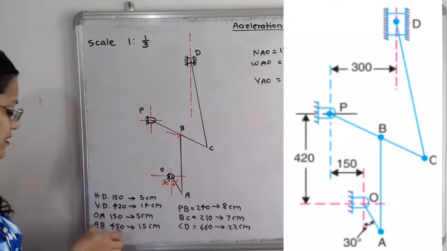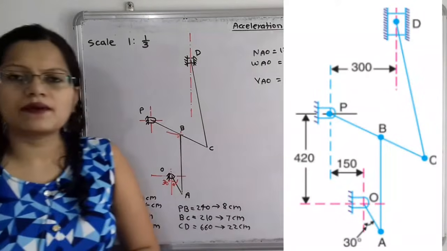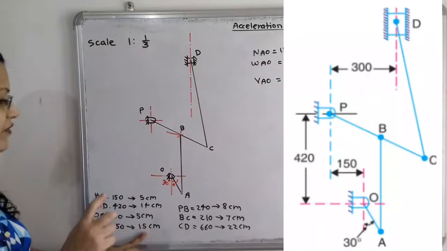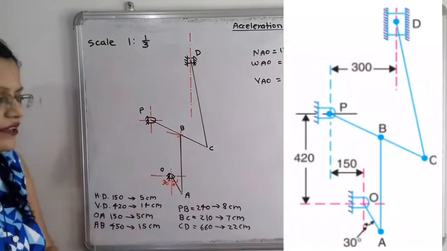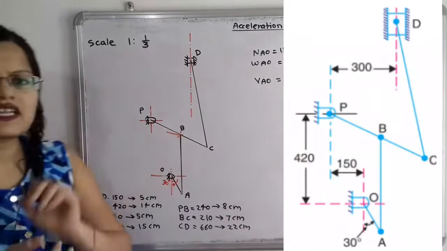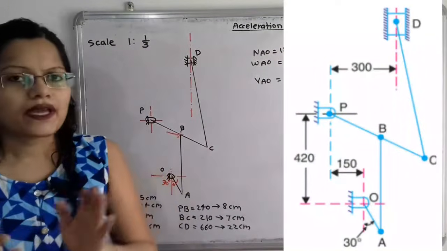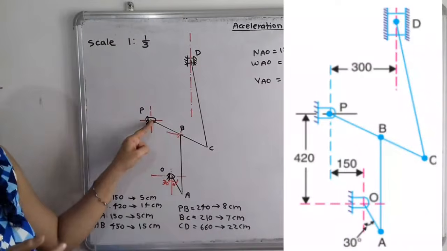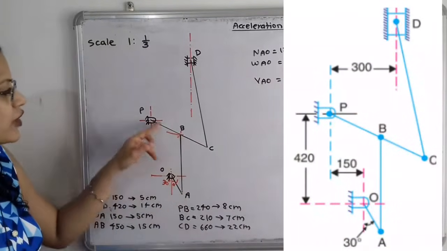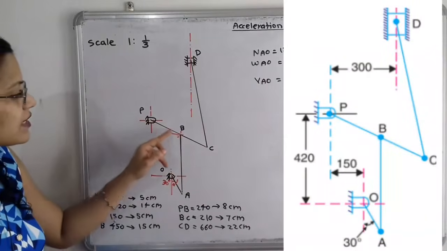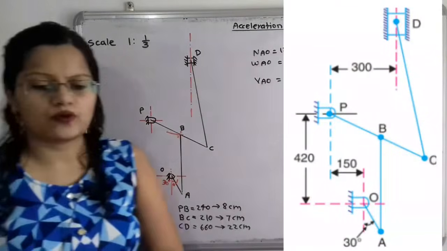In the same way, distance AB is given as 450 mm, so in the compass we take 15 cm distance, take A as a center and mark an arc. The point of intersection will give us the point B. If we join these two points, we get the link PB and AB.